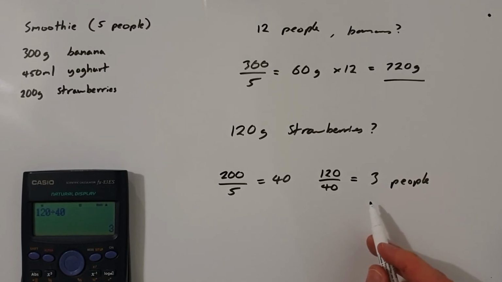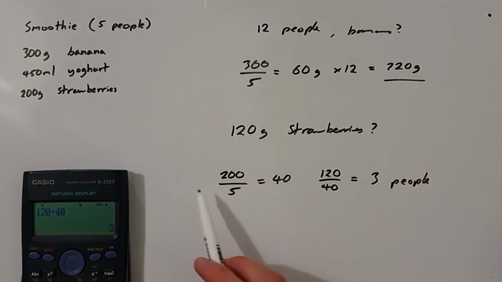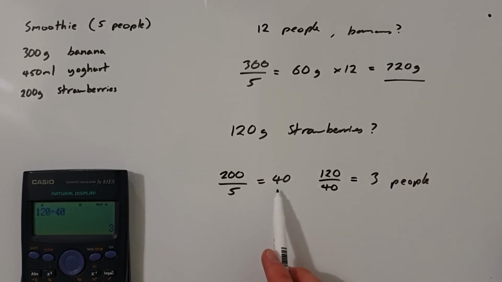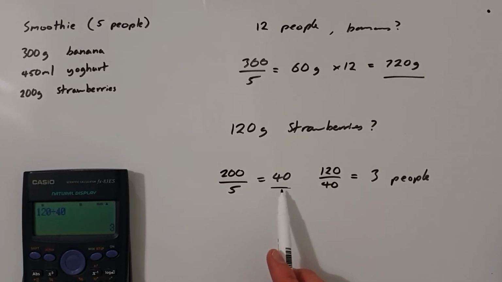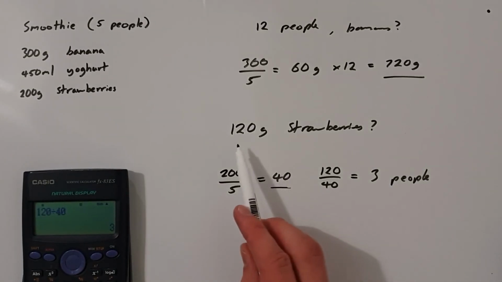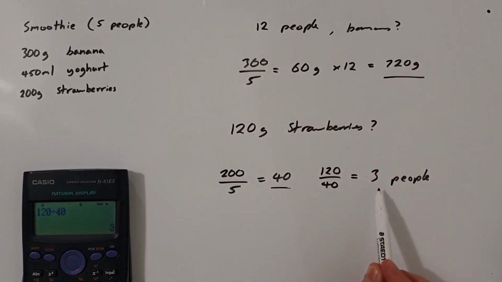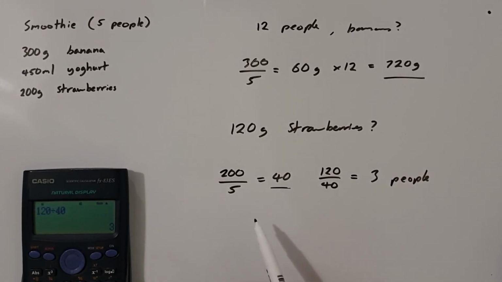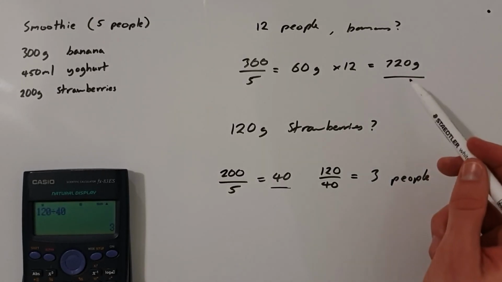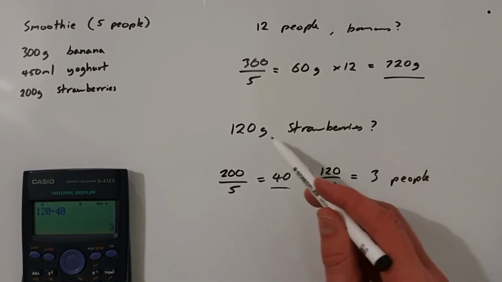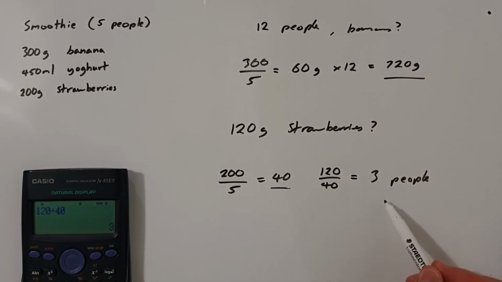Again, it is very, very similar to before. We're just dividing to find out how much we need for one person, and then we see what quantity we have, and divide that by our total for one person to get how many people this can serve. Rather than multiplying it to get them all, we just divide by how much we've got to get the number of servings.